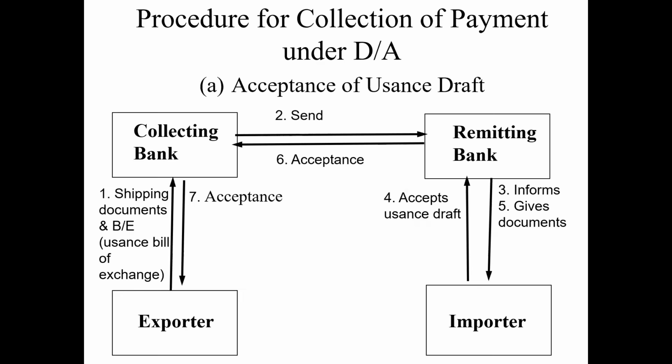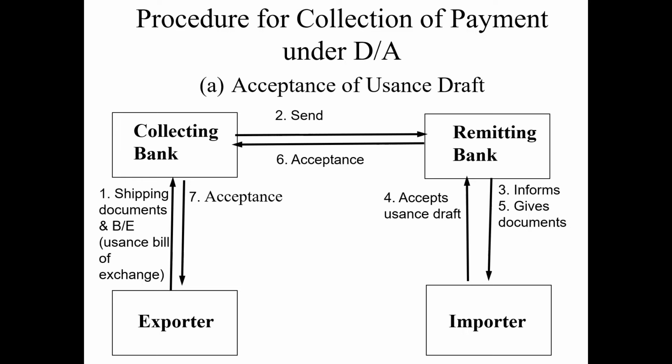Let's understand the process with the help of this diagram. As you can see in the figure, after shipping goods, the exporter gives all the shipping documents along with the usance draft to the collecting bank for onward submission to the remitting bank. Then after receiving the documents, the remitting bank informs the importer.